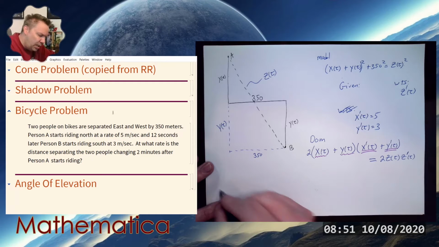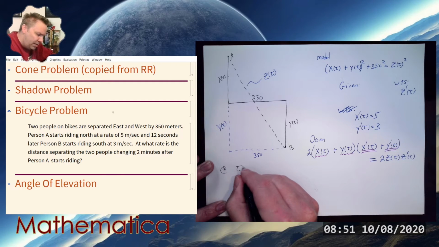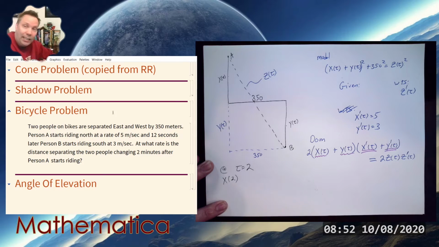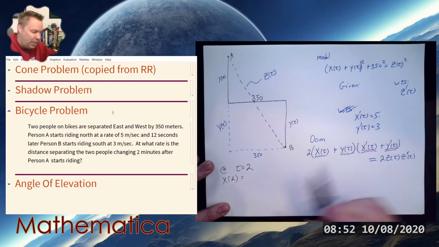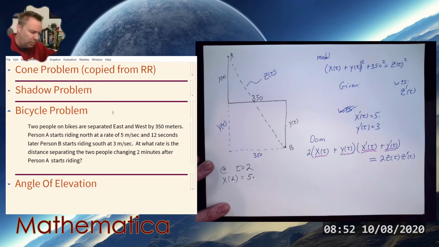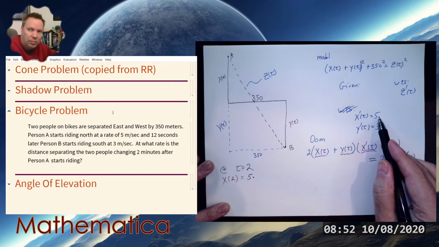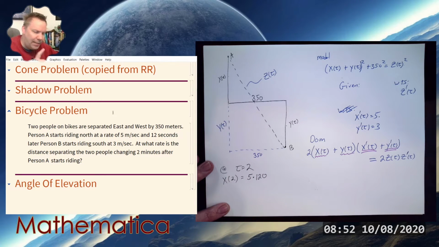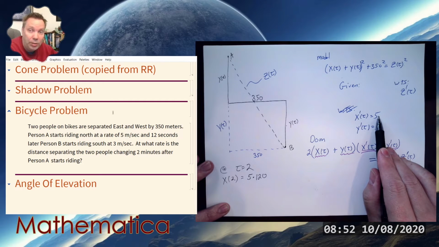So what do we know? I want this to be done at 2 minutes. So what is x at 2 minutes? Well, it travels at 5 meters per second for 120 seconds. I think I might have said 5 meters per minute.